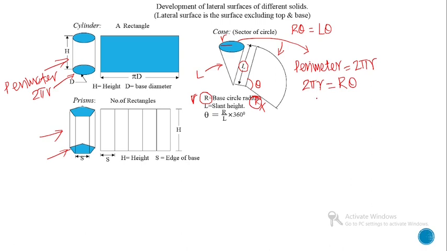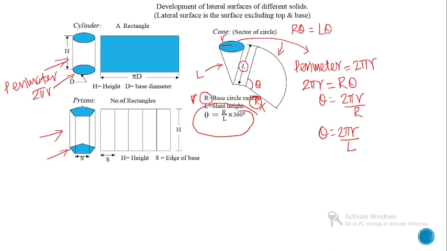Then we can say that theta is equal to 2 pi into small r divided by capital R. If we use capital L instead of R, theta is equal to 2 pi small letter r divided by L. Then this equation will become like this.